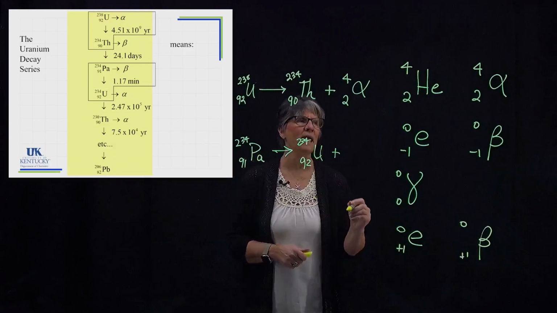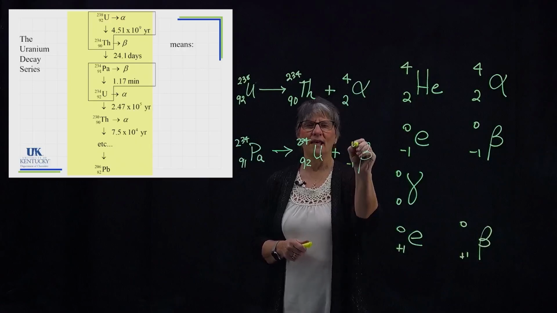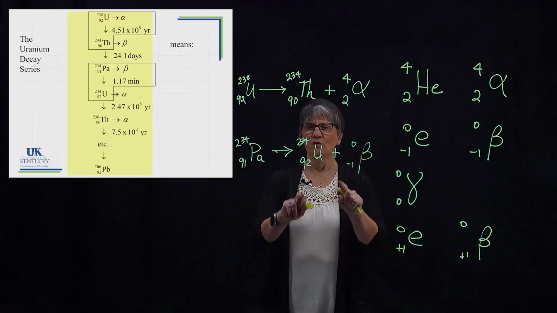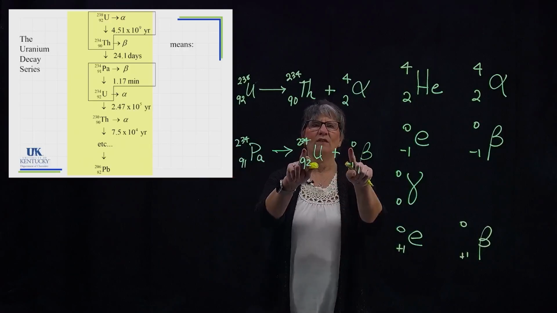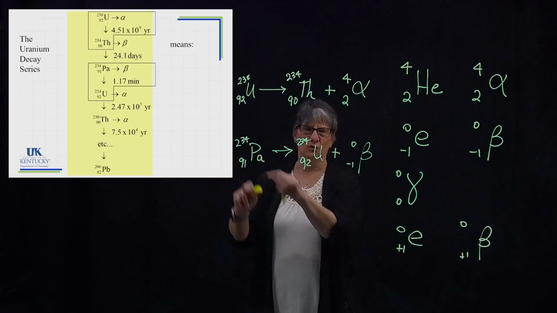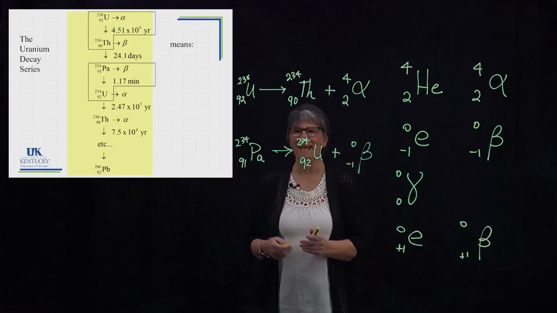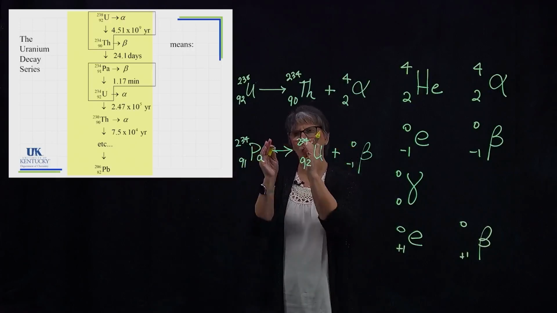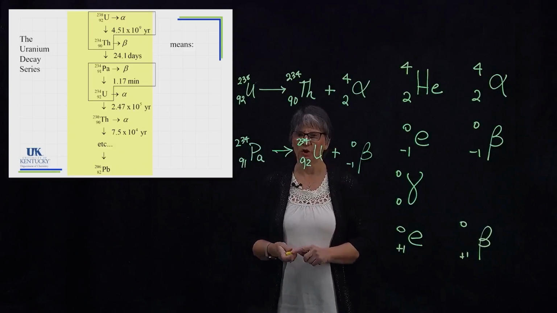We see that a beta particle was emitted. What is a beta particle? It is an electron, okay? So if you add these two numbers together, you get 91. If you add these two numbers together, it is 234. So you should be able to take any one of those decays mentioned there, and you should be able to turn it into a balanced nuclear reaction.